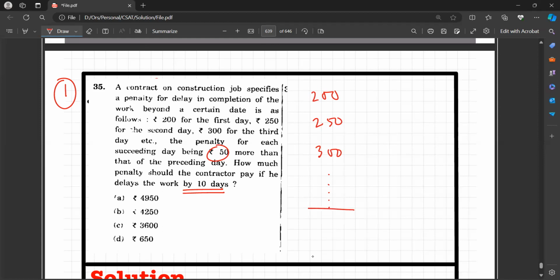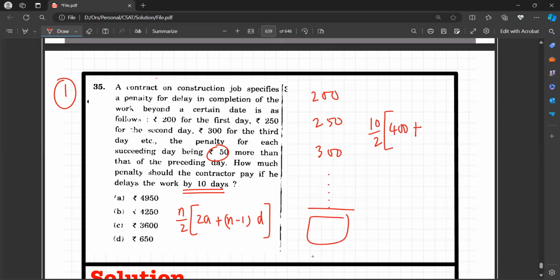Delays the work by 10 days. That means the amount up to the 10th day will be the payment. So that means, what is the sum? n by 2 into 2a plus n minus 1 into d. Yes or no? N is what? 10. 10 by 2, 2 times of a will be 400 plus 9 times of d is 50. 450 plus 400 will be 850 into 5.